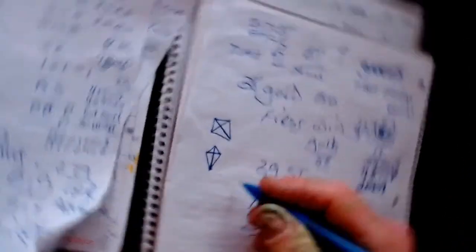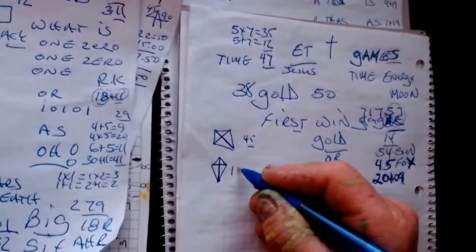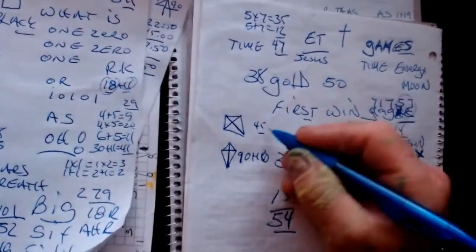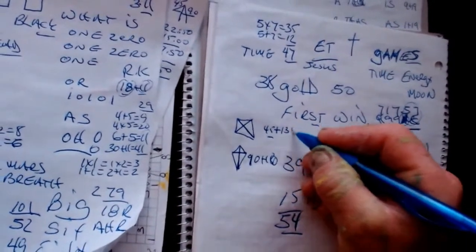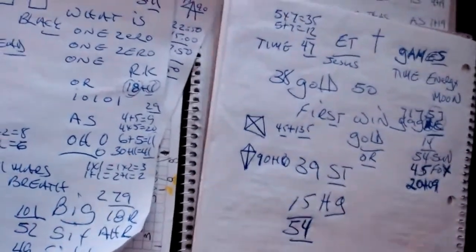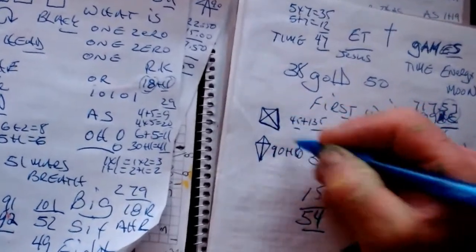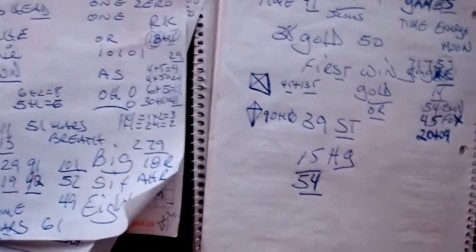There is a difference. This is your 45-degree angle. This is your 90 and 180. This is actually 45 and 135. Is that 135 or 166? I have to do that calculation.